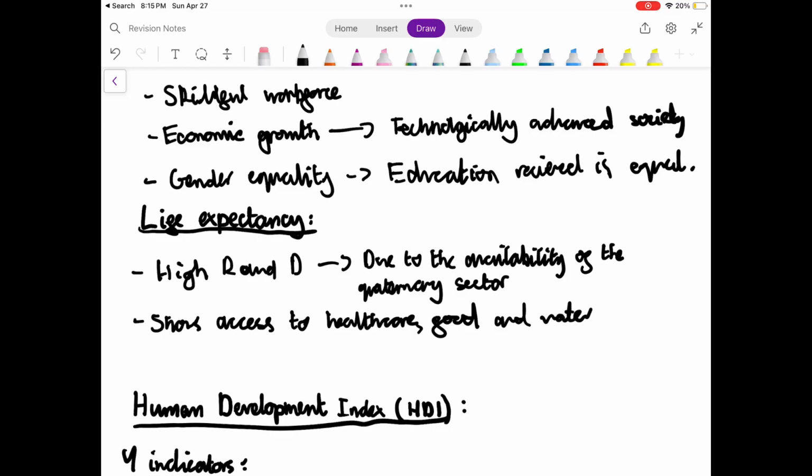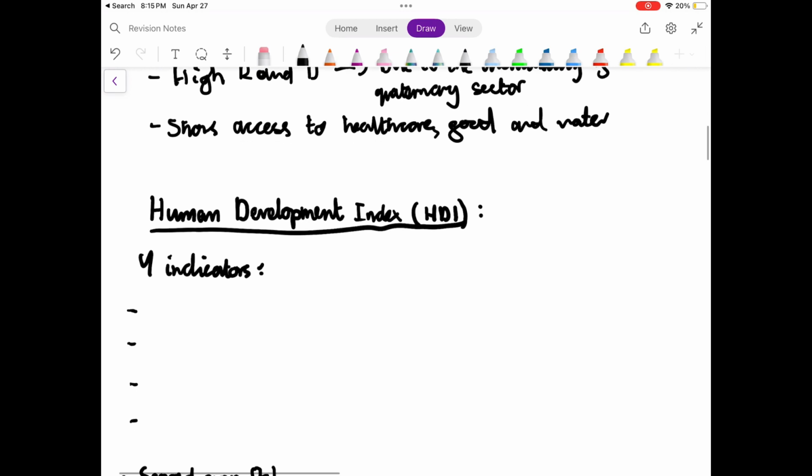Okay, and finally we're going to be looking at the Human Development Index, which I'm going to be referring to as HDI.